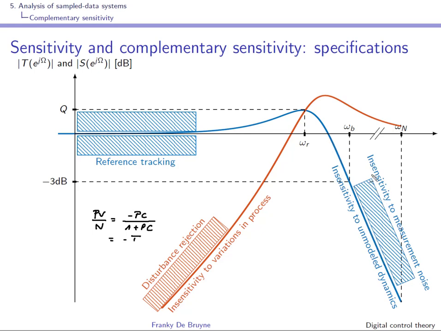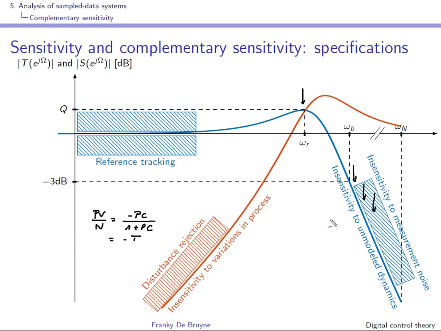And indeed this corresponds because, well, you can play with the sensitivity to noise by pushing the complementary sensitivity down in these frequency ranges here, and also you might try to limit this peak.